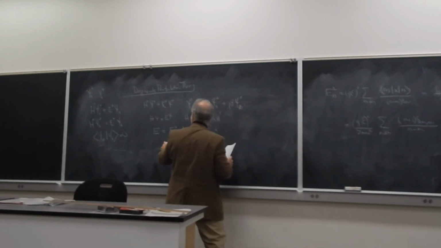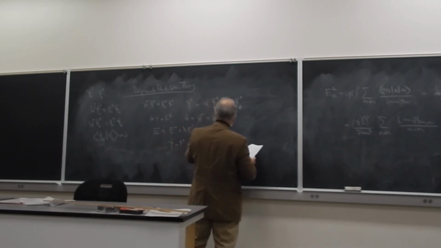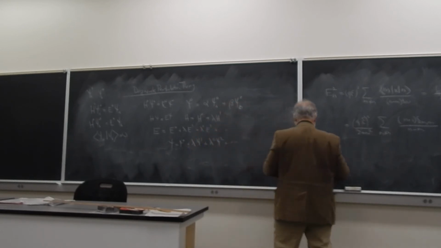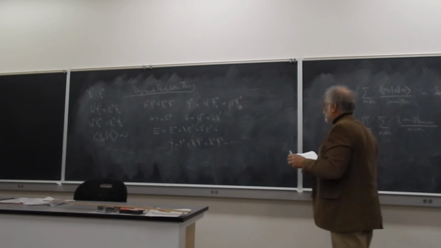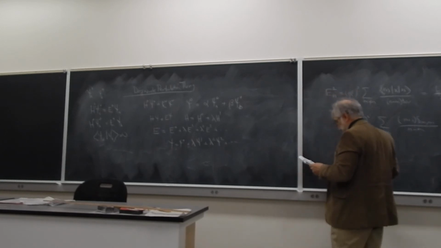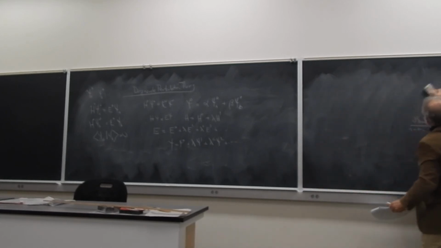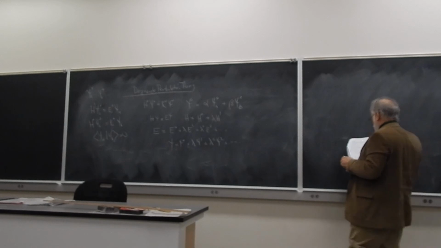And psi will be equal to psi 0 plus lambda psi 1 plus lambda squared psi 2 correction, and so on. So if we insert these representations into H psi equals E psi, and then equate like powers of lambda, kind of as we did before, we'll get the following.